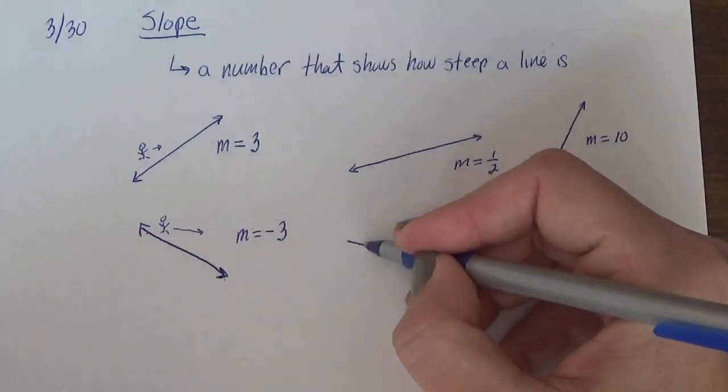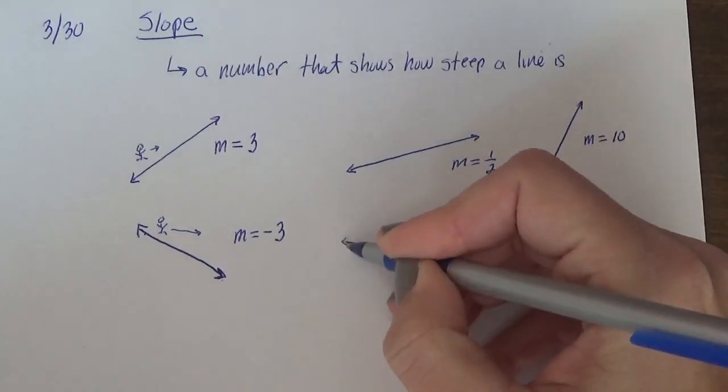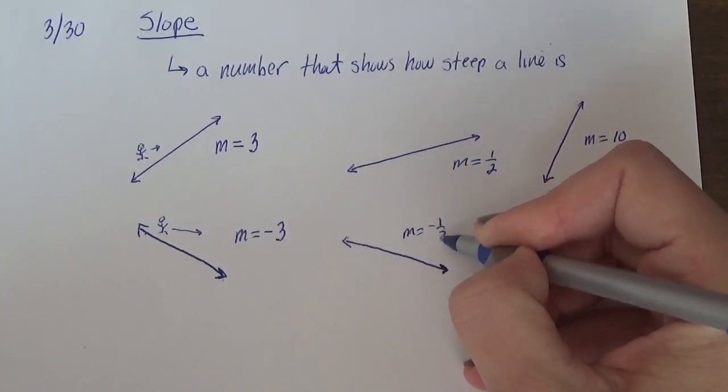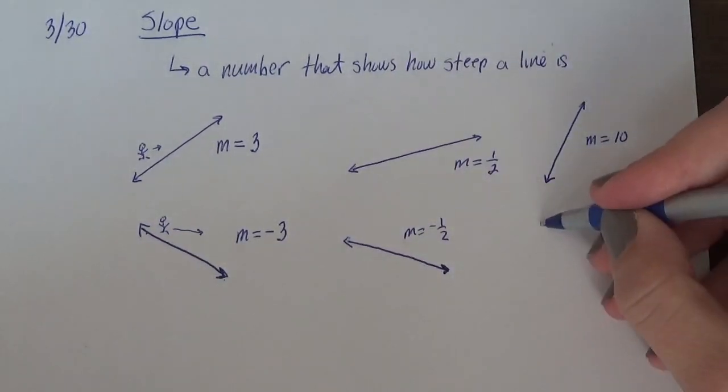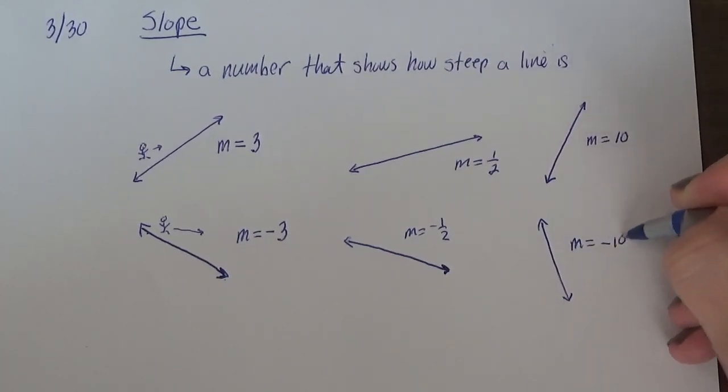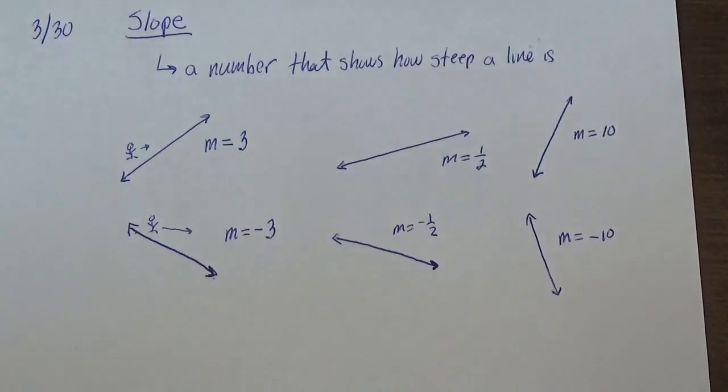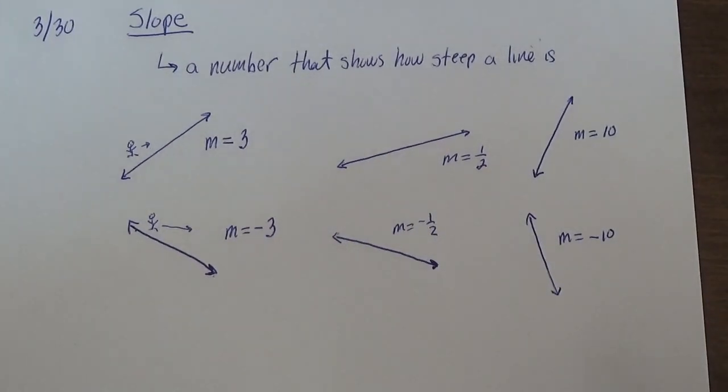If it wasn't as steep, this could be negative a half. Or if it was super steep, that would be negative 10. Okay, so that's the overall idea, and I'm going to show you how to calculate the exact number. These are all just kind of sketches, ideas, but we're going to figure out how to find the exact slope.